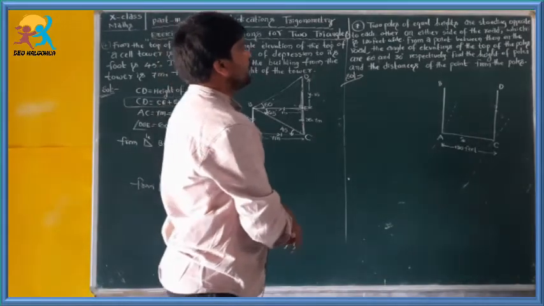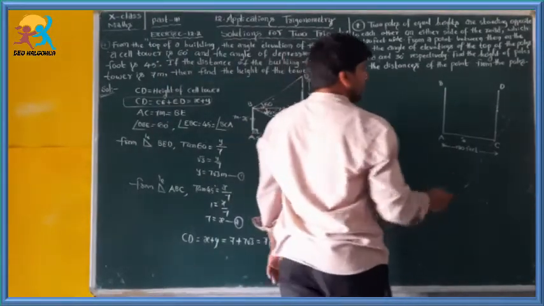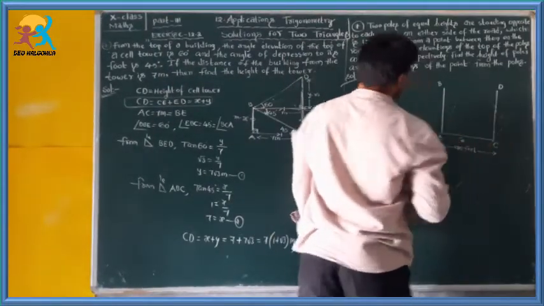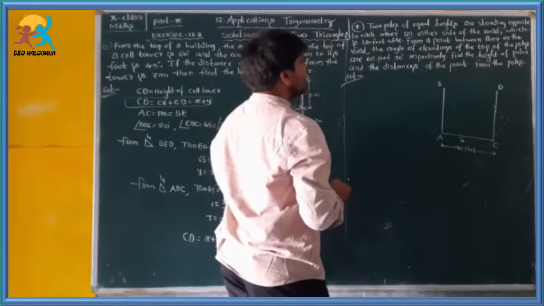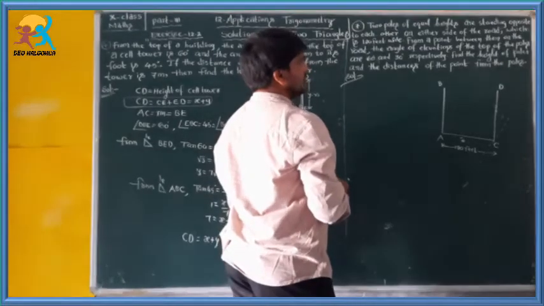From a point between them on the road, the angles of elevation of the tops of the poles are 60 and 30.